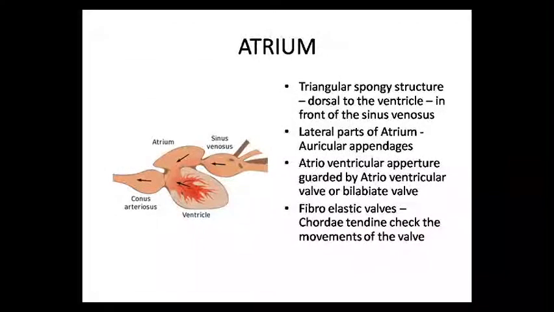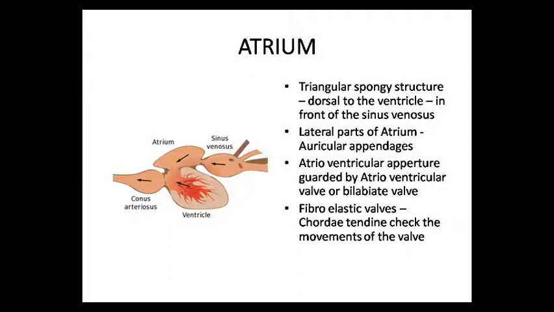Next part is the atrium. This atrium is also a triangular, spongy structure which is present dorsal to the ventricle and in front of the sinus venosus. The lateral part of the atrium extends and forms the auricular appendages. The atrium opens into the ventricle, which is situated below the atrium, through an aperture known as the atrioventricular aperture, which is bordered by the atrioventricular valve or bilabiate valve.